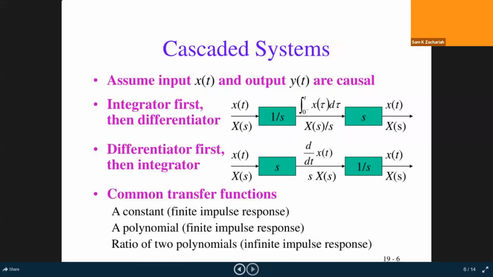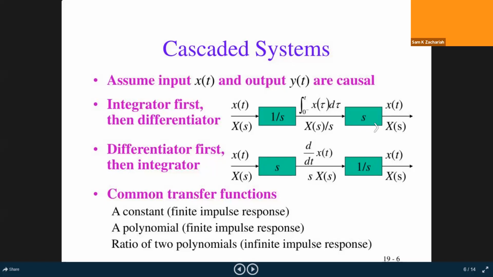Now there are some symbolic operations. If you cascade two linear time invariant systems, assume input x(t) and output y(t), with two systems cascaded. Here we have cascaded first an integrator followed by a differentiator. Next one is first a differentiator followed by an integrator.